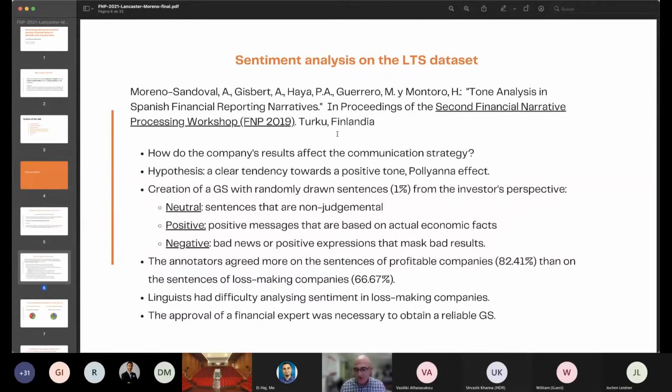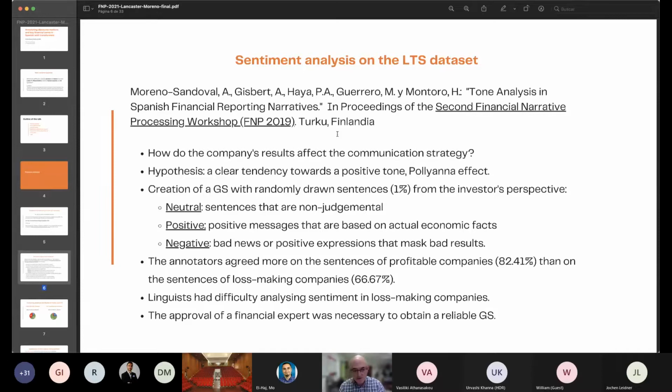The annotators were linguists, myself and another linguist, and we agreed more on the sentences for the profitable companies than on the sentences of the loss-making companies. For us, it was very difficult analyzing sentiment in loss-making companies.